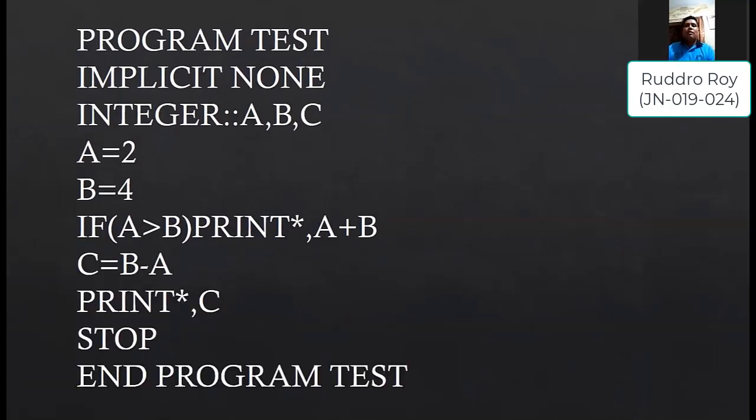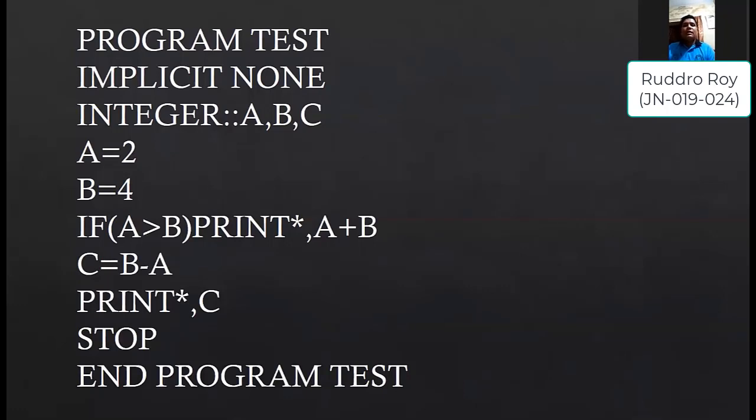Now I will give you another example. Here we can see there are 3 variables and they are also integer type. Assume a is equal to 2 and b is equal to 4. Here the logical expression is a greater than b, then print a plus b.